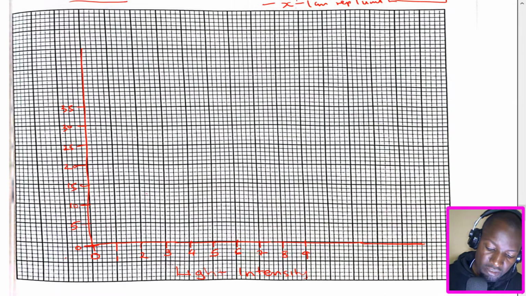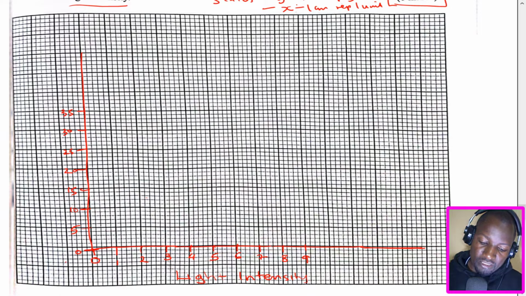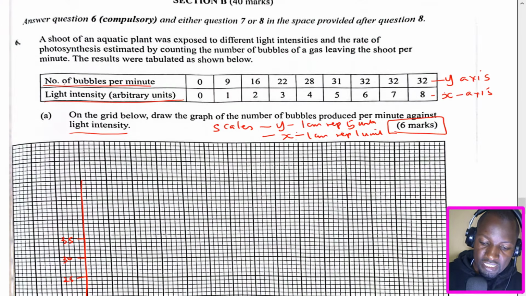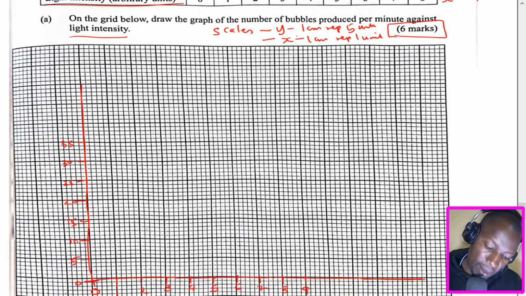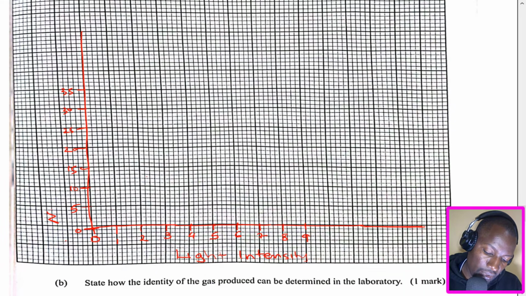Remember, the highest value on the y-axis is 32 units. And to label the y-axis, it is the number of bubbles per minute.